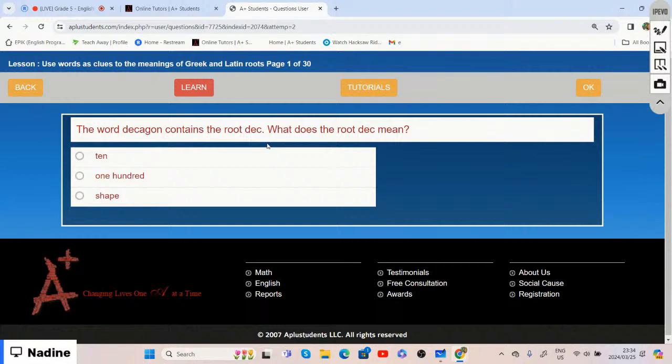If we look at, let's say, what do you think the word decagon means? Yes, and a decade is, let's say, how many years? If it reminds you of a decade, then how many years is a decade?